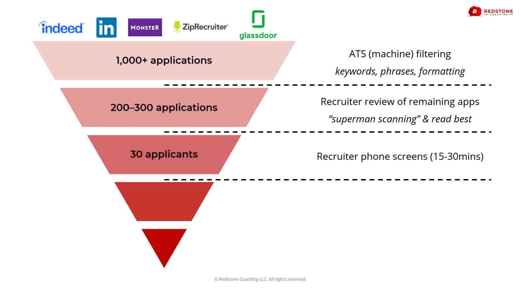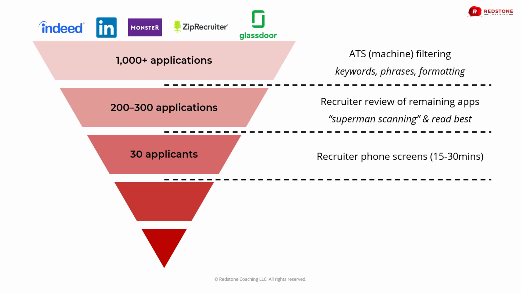Ultimately, they select 30 people. These numbers are just an example, but I want you to see how small a number they're actually choosing when you're going through online applications. This is what it looks like behind the scenes in terms of numbers.